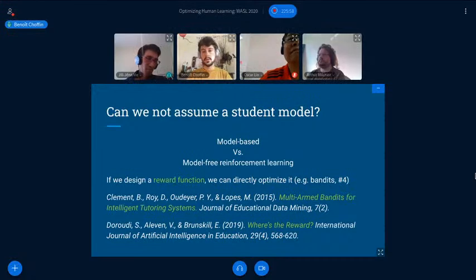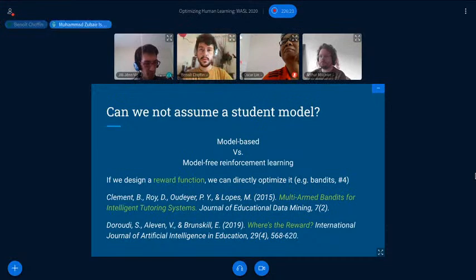It's here, if you can see that. This one may be a bit confusing because they talk about student models, but they use them to simulate student trajectories. In the end, the algorithm does not explicitly model the student's progress, for instance.